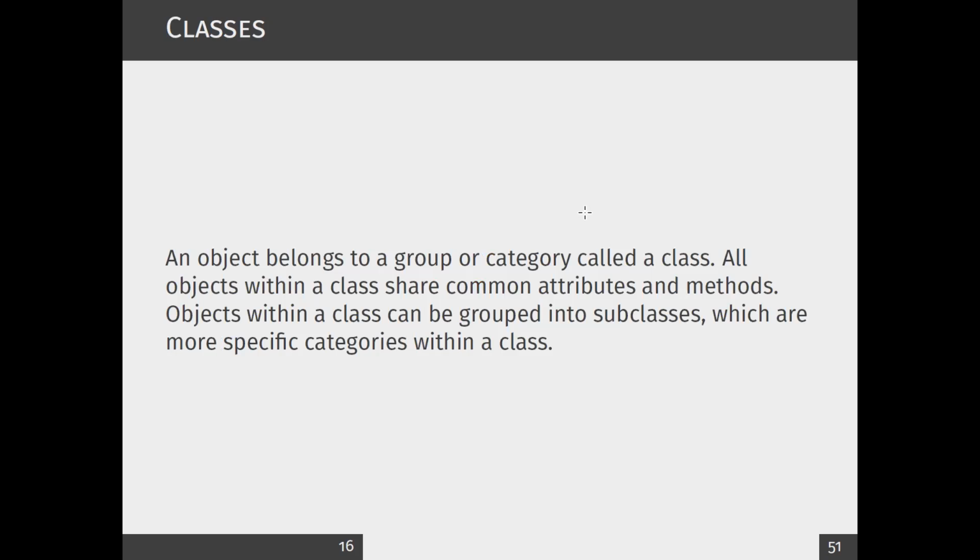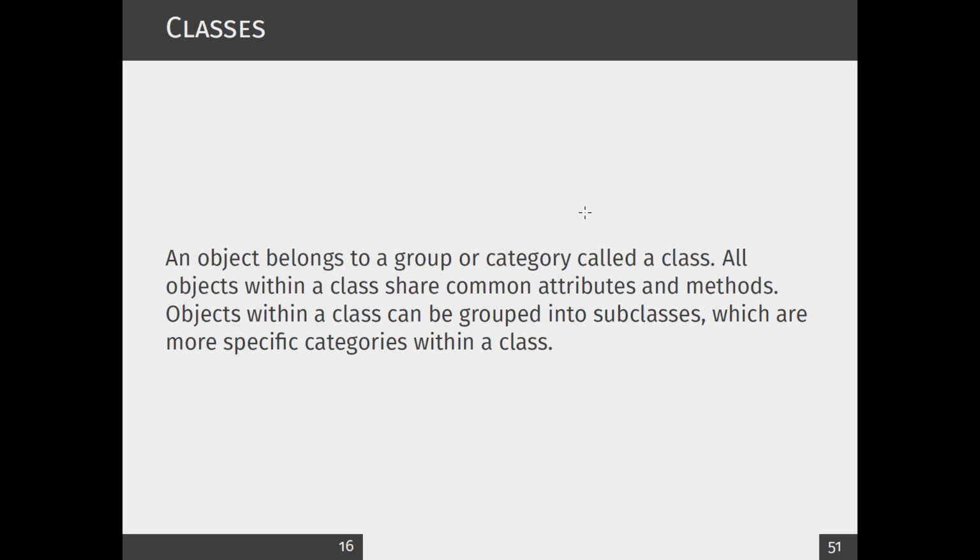The next one is about the classes. So we have class. Simply, all the objects in a particular group, we can make it a class. So simply we can say all objects in the class will have the same attributes and the same set of methods.